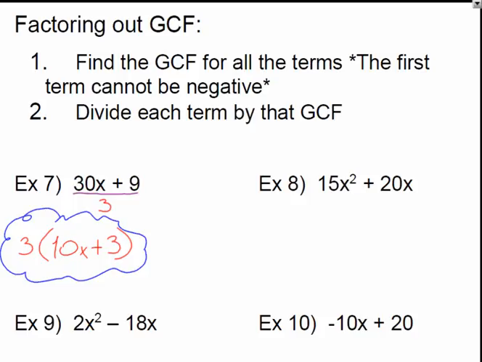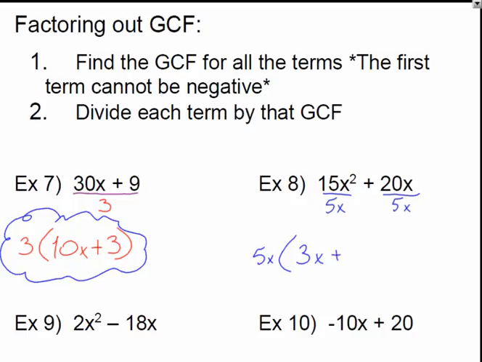Looking at example 8. I say, what can I divide both of these things by evenly? I can take a 5 out of each of them, but I can also take an x out. So I'm going to take out a 5x out of each of these. So 5x comes out front. 15 divided by 5 leaves 3. And here I have x squared divided by x. So if I have 2 of them and I take one away, I'm left with just x.